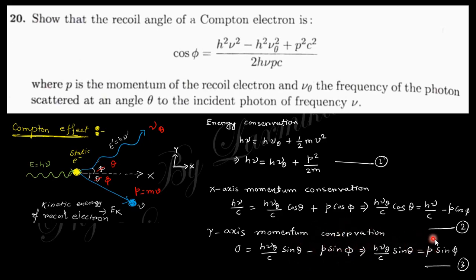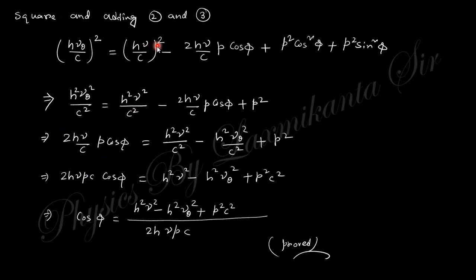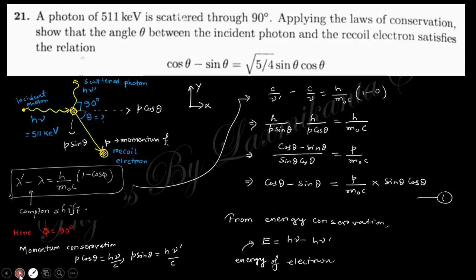So you get these two relations, 2 and 3. If you square 2 and 3 and add them, you get this relation. I think this calculation is very easy to understand.